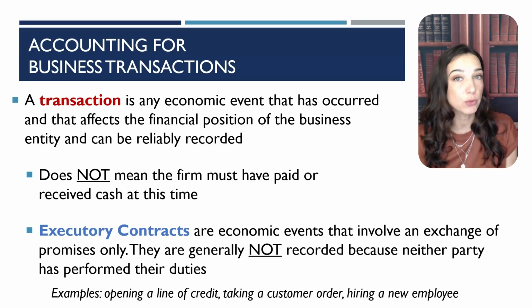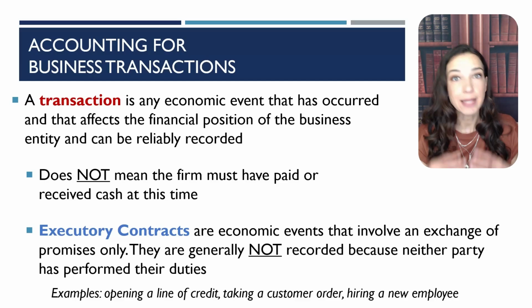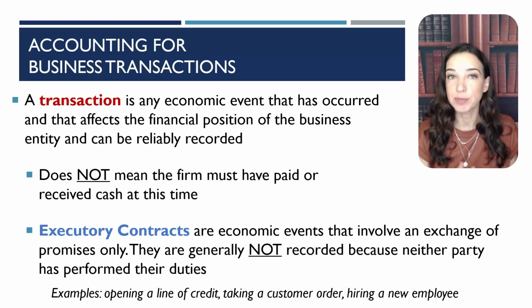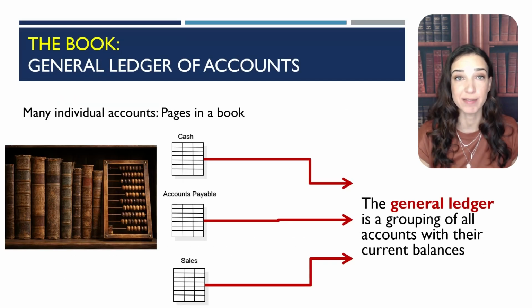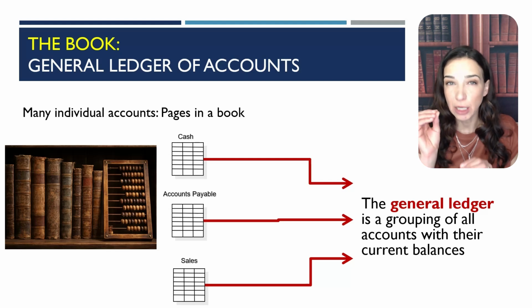We promise to deliver product in the future. Again, this could be a material event in terms of indicating something of significance that's going to happen in the future. But as of the moment that this order came in, no party has actually done anything, so it is not an economic transaction.